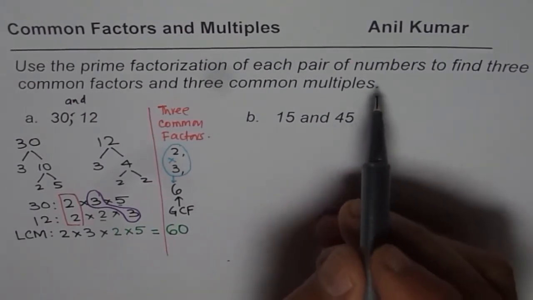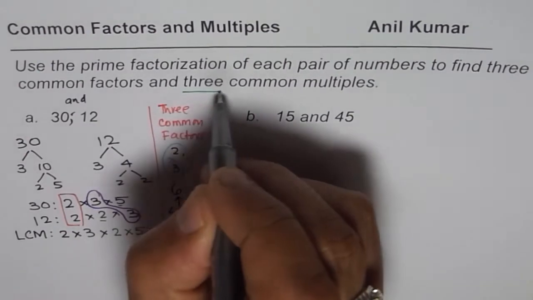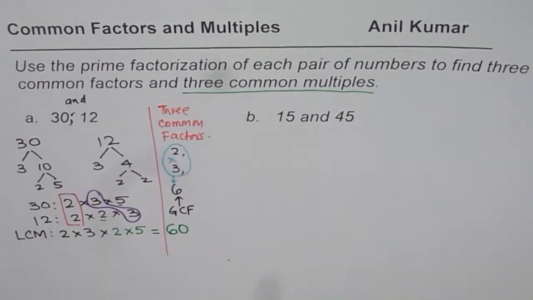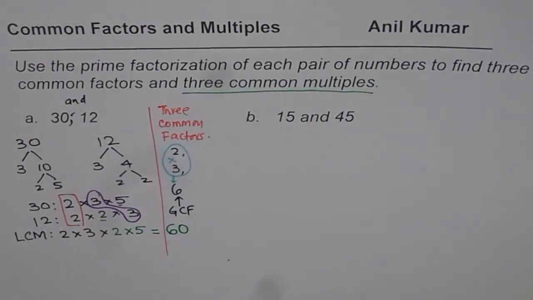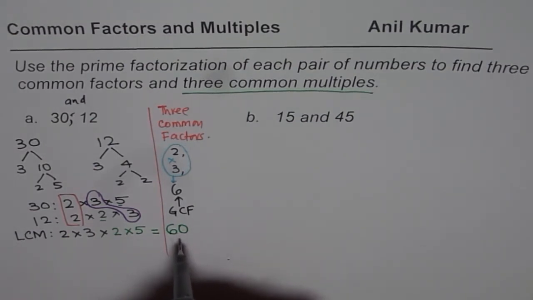Now the question is, we need to find three common multiples. How do we get the others? Well, the method is: 60 is the first, the second will be 2 times 60, and the third will be 3 times 60.